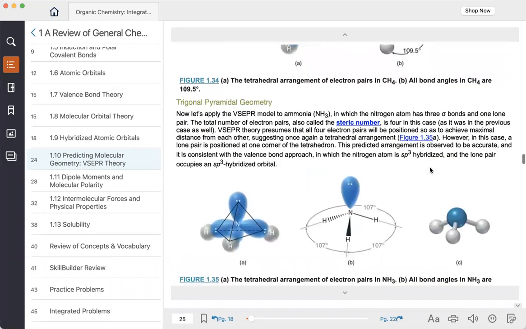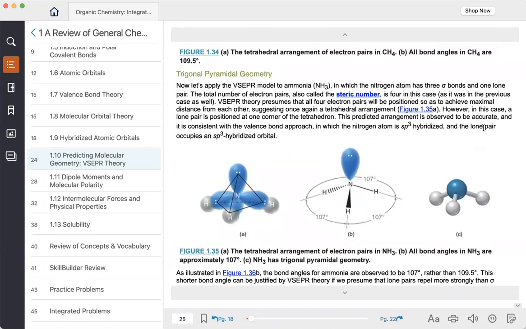So then also we have the trigonal pyramidal geometry. And this is where nitrogen is. Sorry, it's not in the tetrahedral. In trigonal pyramidal geometry, you have 107 degrees between each hydrogen, and they're pushed down a little bit because the lone pair on the nitrogen is so big.